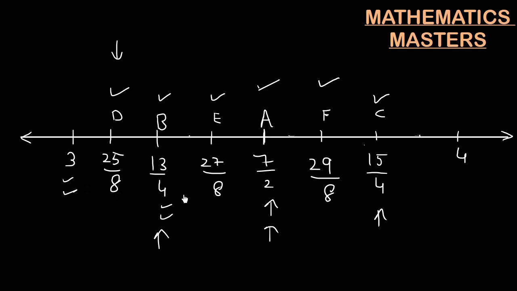So the 5 rational numbers that we have found out in between 3 and 4 are 25 upon 8, 13 upon 4. Let us again write them in a simple way.